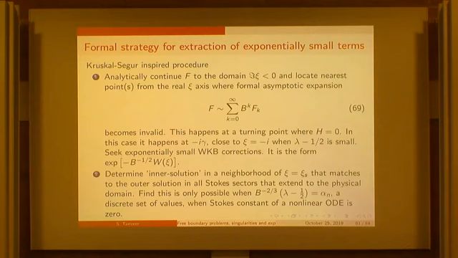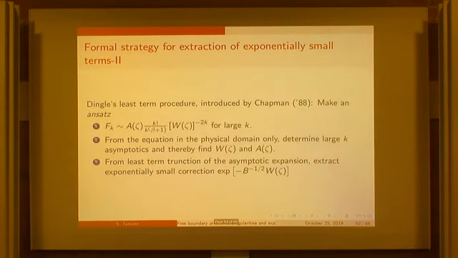If I run out of time, those interested can stay around and I'll explain why the Kruskal-Segur strategy is connected to the Dingle strategy, or the Chapman strategy. So what you do is you assume that the late terms of the perturbation expansion are of this form. It's factorially divergent, that is to be expected.